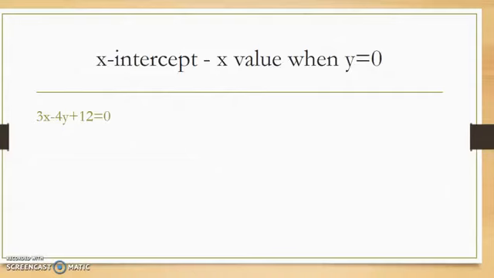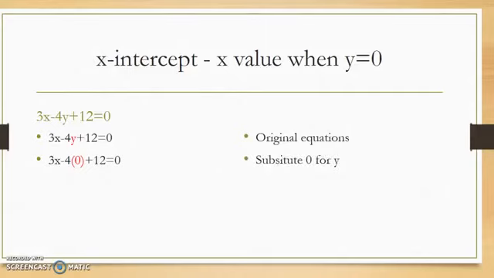So now we're going to look at x-intercepts. The x-intercept is the x value when y equals 0. So for 3x minus 4y plus 12 equals 0, we're going to substitute 0 in for y, because that's how we find the x-intercept. When we do that, we're going to get 3x plus 12.